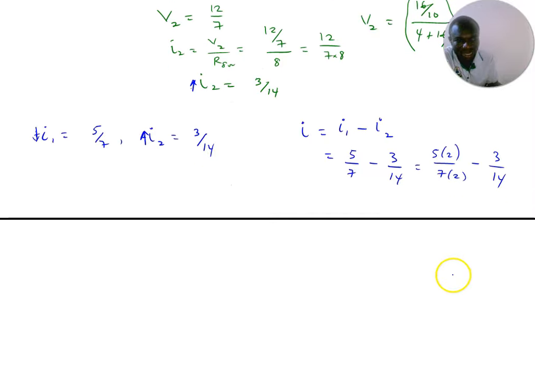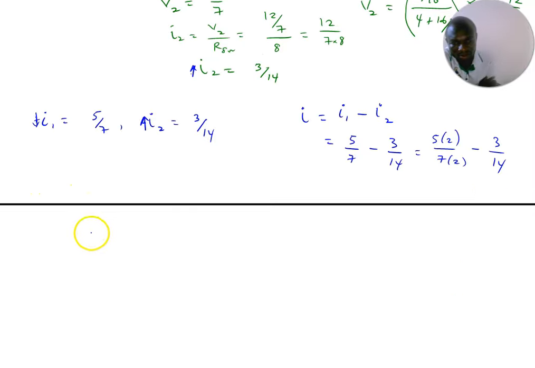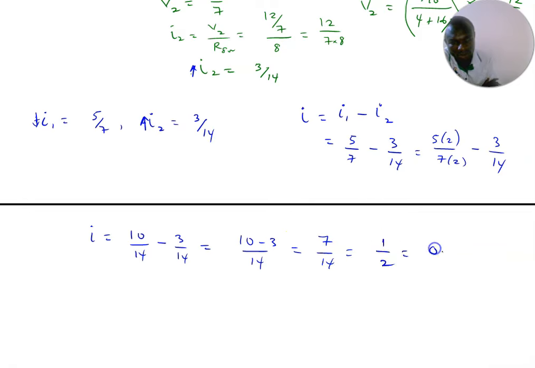So it's going to be 10 on 14. I is simply going to be 10 on 14 minus 3 on 14. And this should give us 10 minus 3 on 14. And this ends up to be 7 on 14, which is 1 on 2. So you have 0.5 amps.